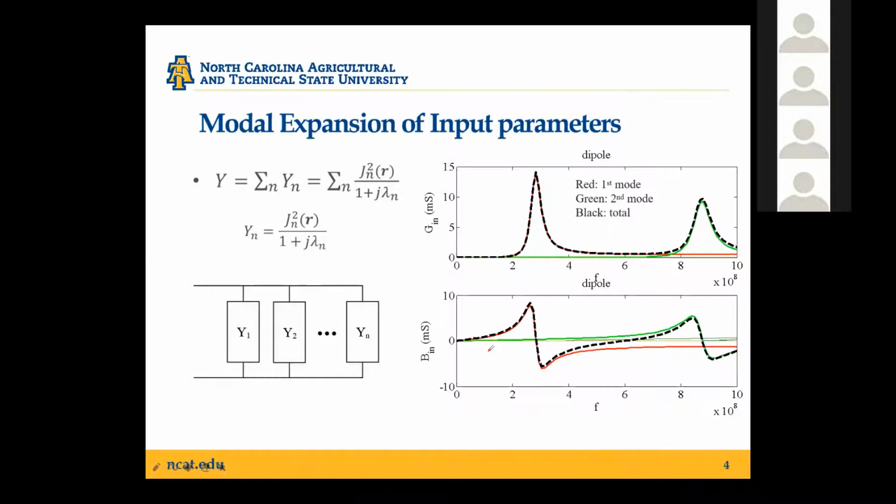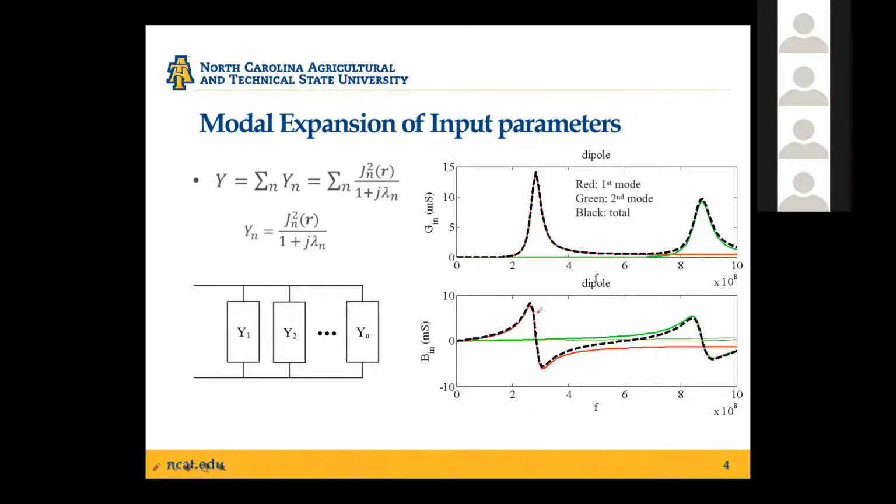So to illustrate the idea of the modal expansion, this is a perfect example, which shows how you can expand your input admittance in terms of modal responses. For example, in the figure shown on the right, I plotted the admittance for a dipole antenna, and the black dashed lines are the response at the driven port, and the red lines and the green lines are essentially some of the fundamental modes on this dipole antenna.